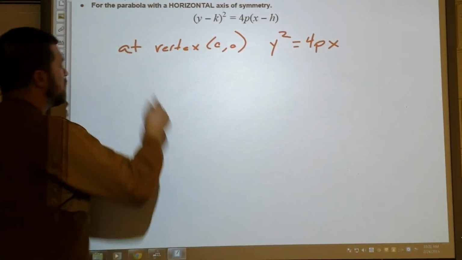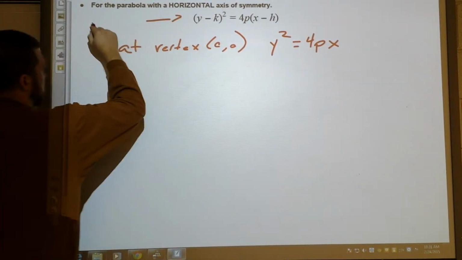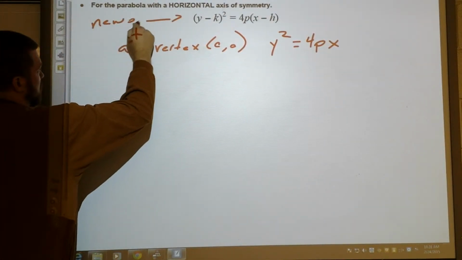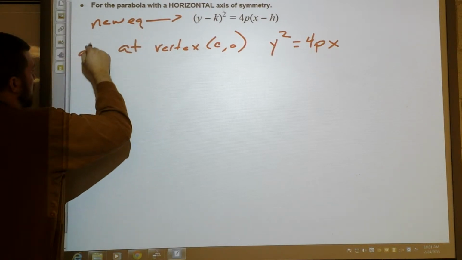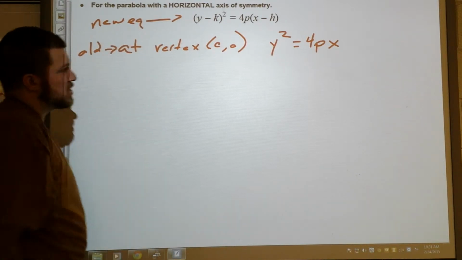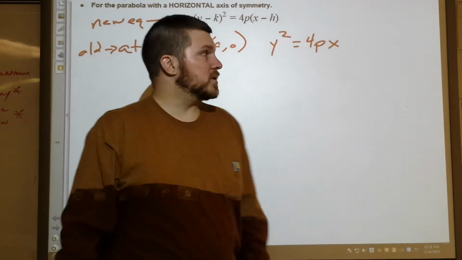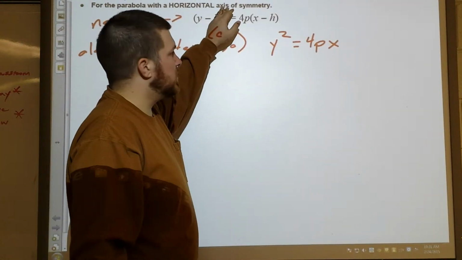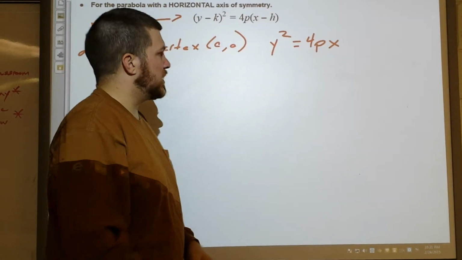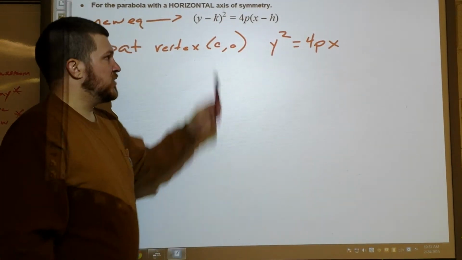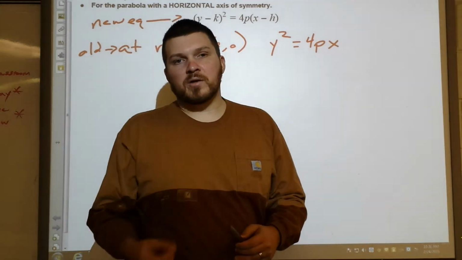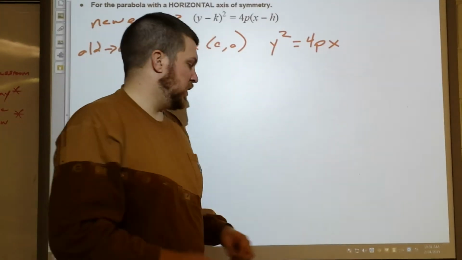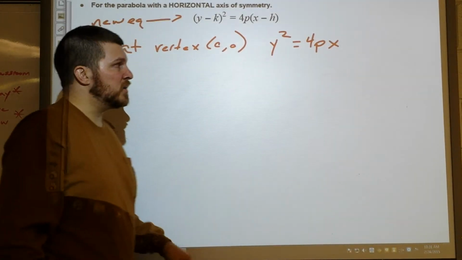So now, this is our new equation. Our old equation, the vertex was at 0, 0. So you can see how these two are very similar. y is still getting squared, x is still not squared. The only difference is we have to account for that shift where the vertex is living on the graph. Okay, so just keep that in mind.